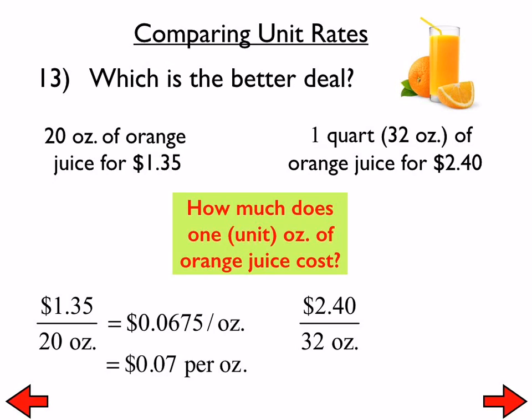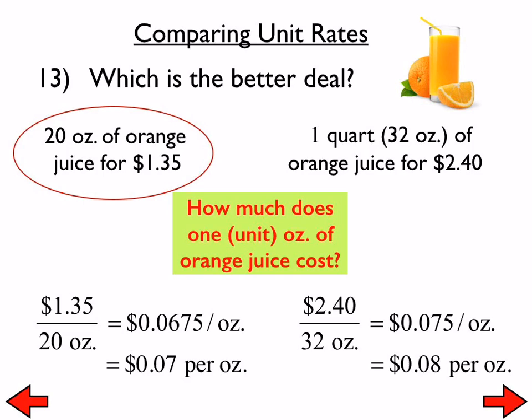In the second scenario, finding the unit rate, we get 0.075, so 7.5 cents per ounce. If you were to go to buy that, they would round that to 8 cents per ounce. So obviously the better deal is the one with the smaller unit rate. That would be the first one, $1.35 for 20 ounces. That would be the better buy in the long run.